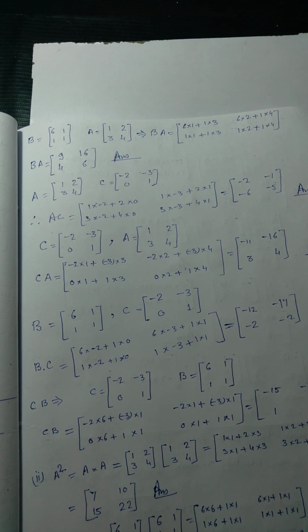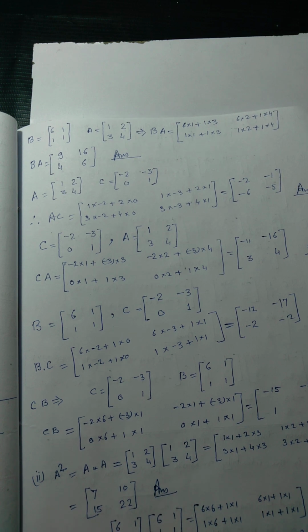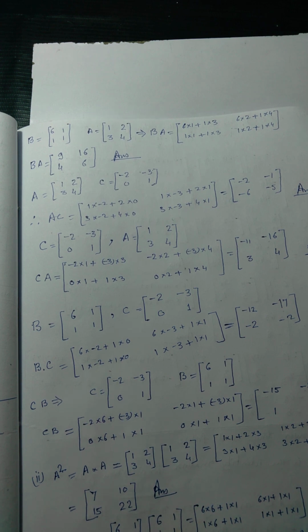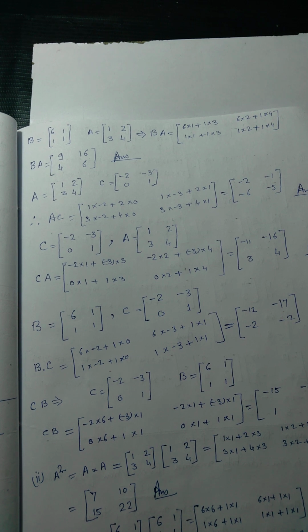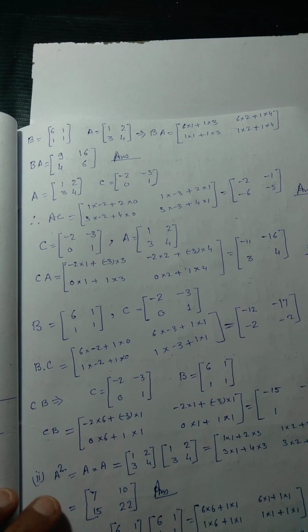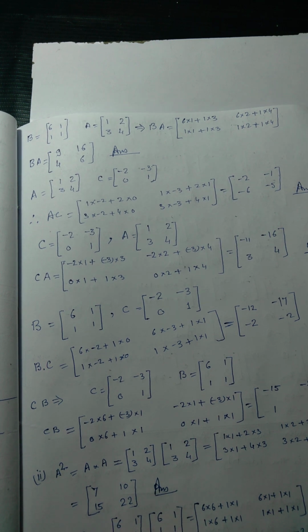Now for b square, b into b, you see I have written matrix B 2 times, 6 1 1 1. Now multiply it as discussed earlier. First row, first column. You see, again I am emphasizing it.